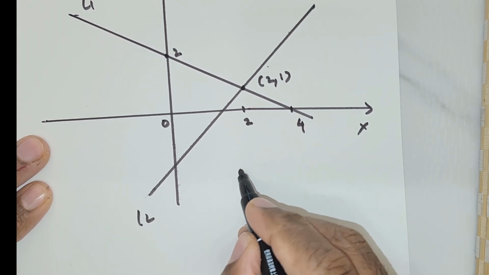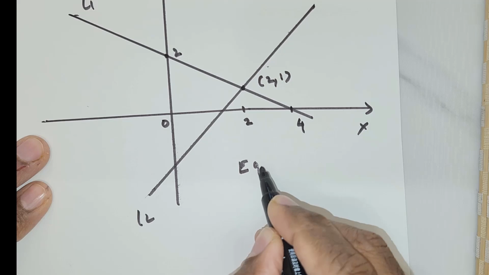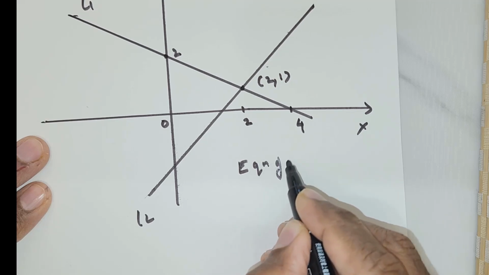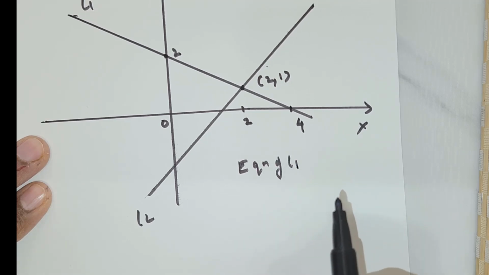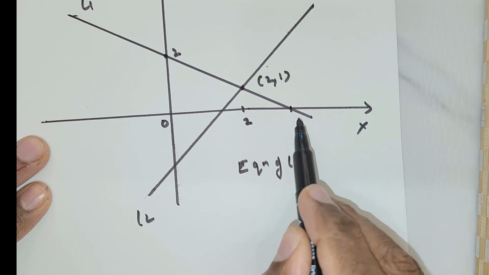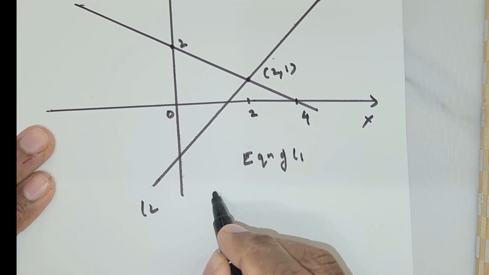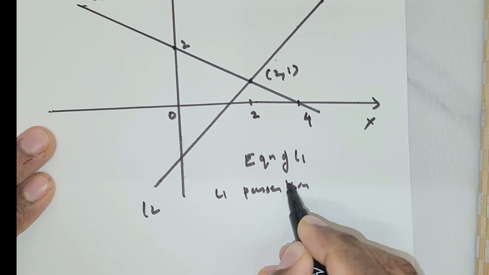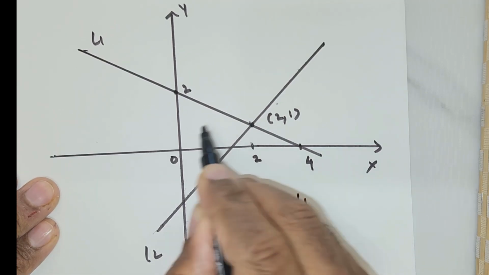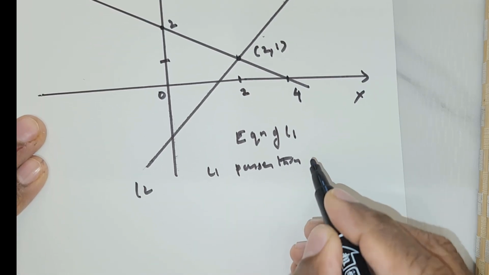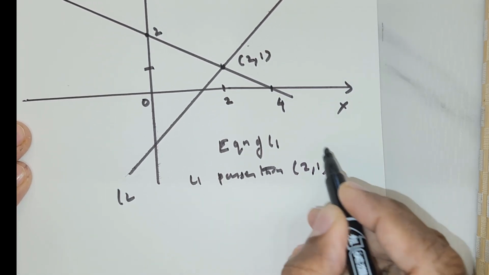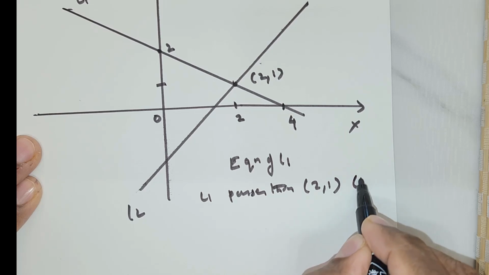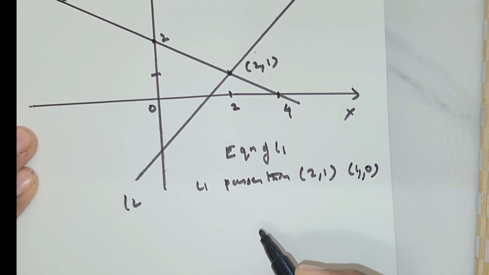We are asked to find the equation of L1, right? Now L1 passes through (2, 1) and (4, 0).